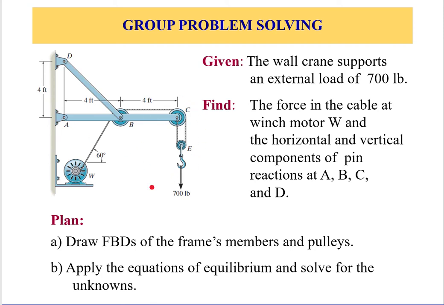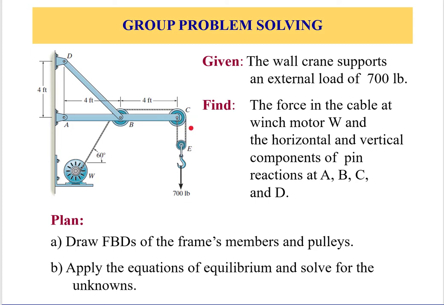I will show the steps. If we examine the pin E, we know that this is under weight 700, and there are two tensions here. So the tensions, which are equal in magnitude, T and T, have to balance the 700. So 2T must be equal to 700, so T is equal to 700 over 2.